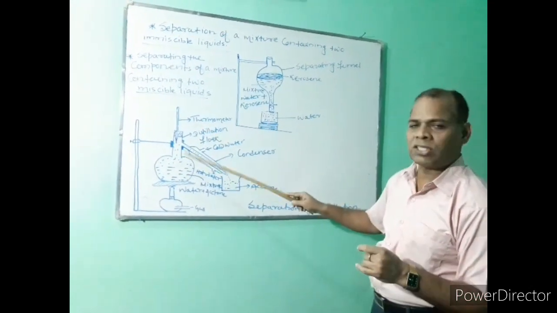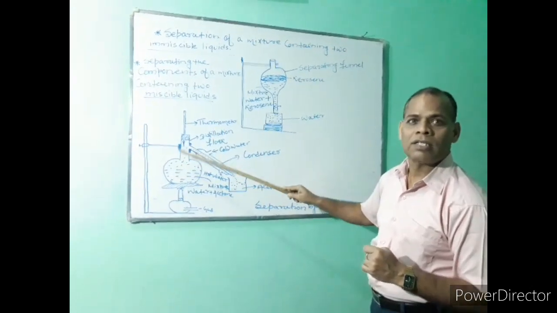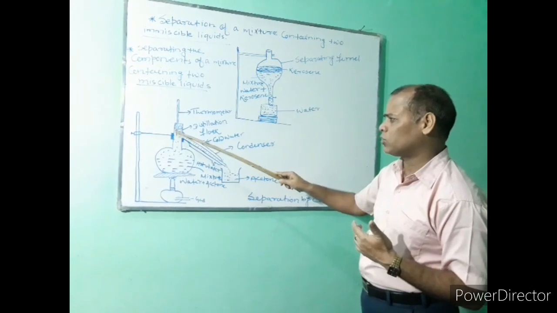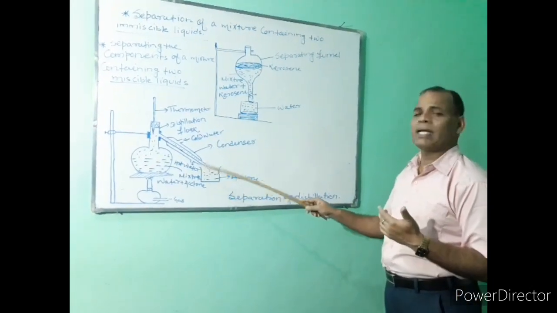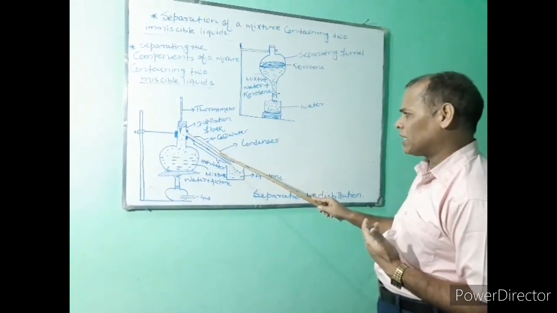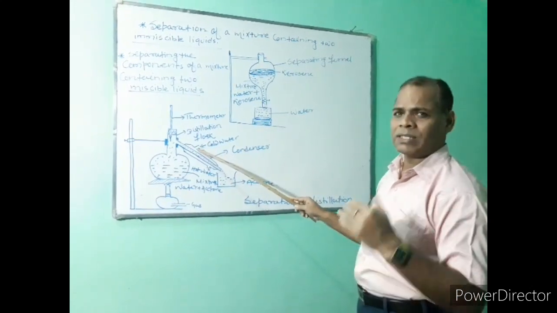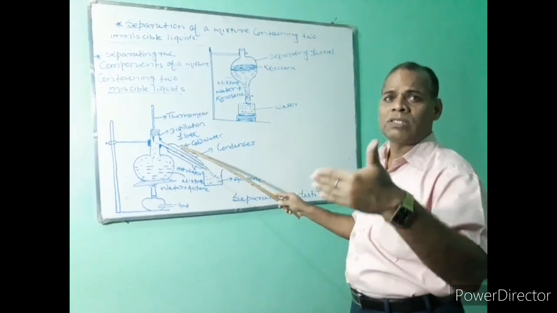So all the acetone liquid is converted into vapor form, and here is a receiver. When that vapor is passed through the condenser, cold water is allowed to pass here so that the vapor can convert into liquid form.